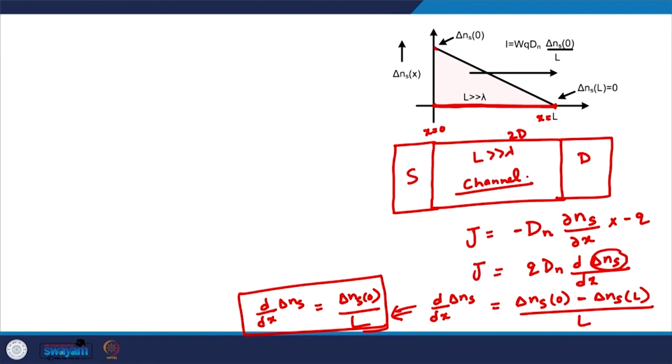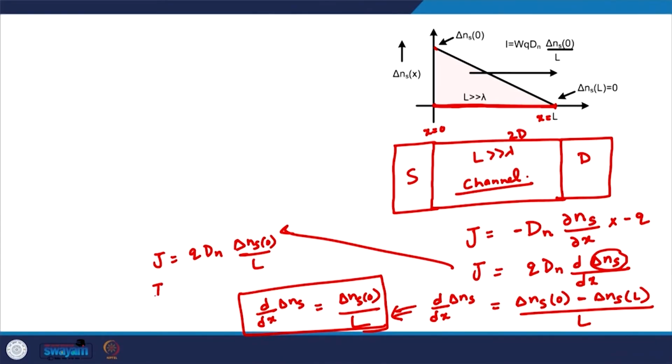Okay. So from this expression, the current density J is equal to q D delta ns 0 by L. This is the current per unit width, the current density in the case of 2D devices.